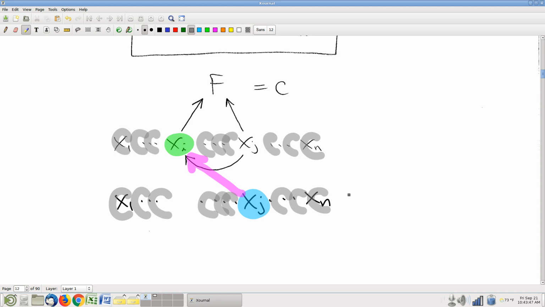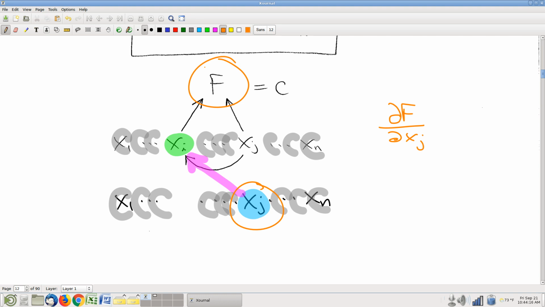I'm going to compute the partial of f with respect to xj, by which I mean I want to compute the partial of that with respect to that.